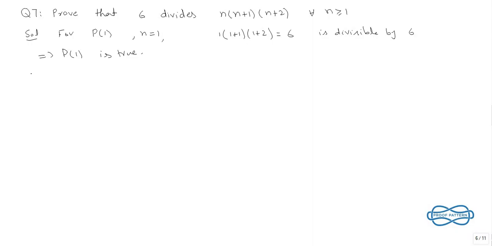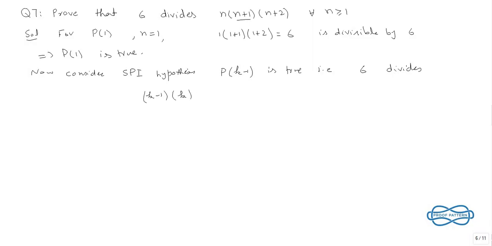We now consider the second principle of finite induction hypothesis, that P of k minus 1 is true, that is, 6 divides, if instead of n we put k minus 1, we get k minus 1, k, because when we add 1 to k minus 1 we get k, and then k plus 1, which is equal to k cube minus k.